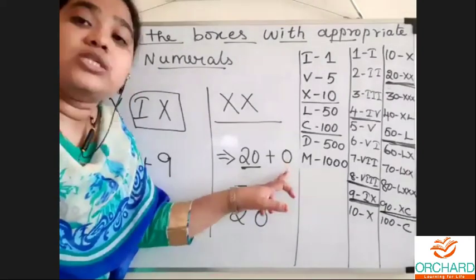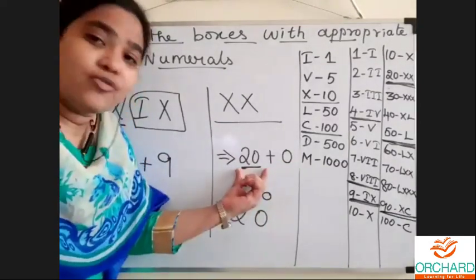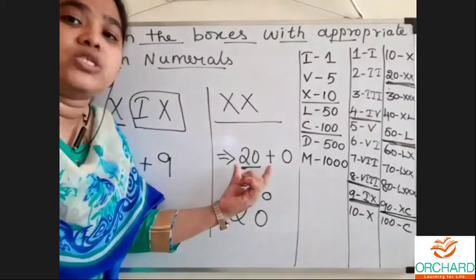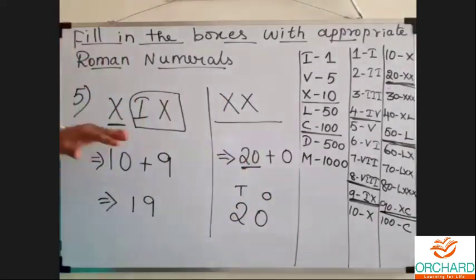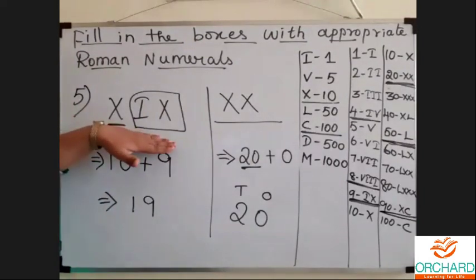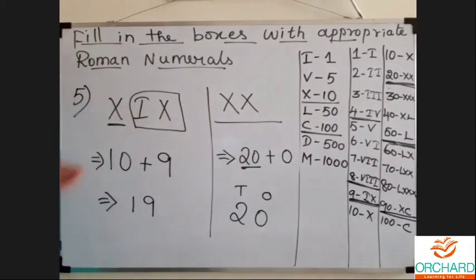So 0 cannot be expressed in Roman numerals, so we have to write for the value 20 alone. 20 can be expressed as XX. So the successor of XIX can be expressed as XX. That is the successor of 19, which is nothing but 20.